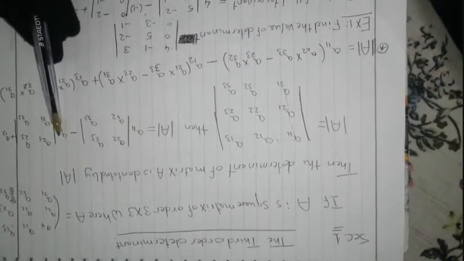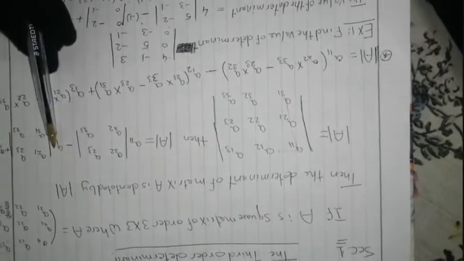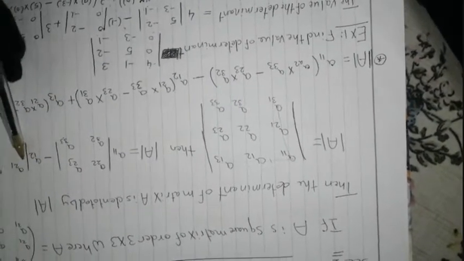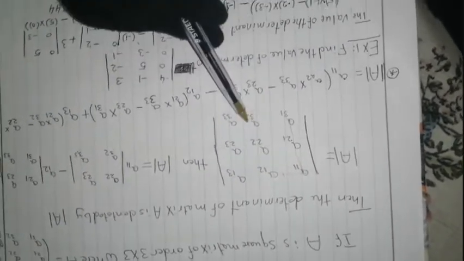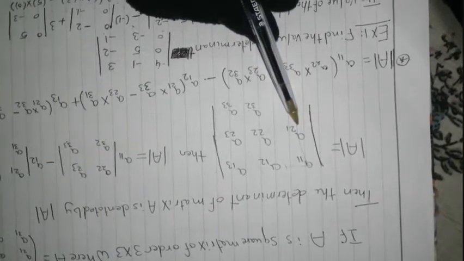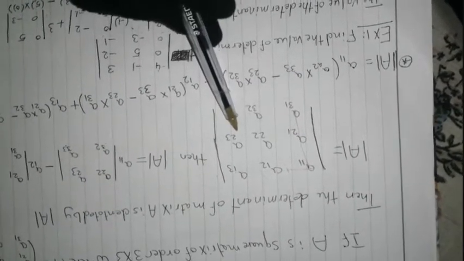I write A12 times the minor determinant. How to find the minor determinant? We cross the first row and the second column. What is the minor determinant? A21, A23, A31, A33.